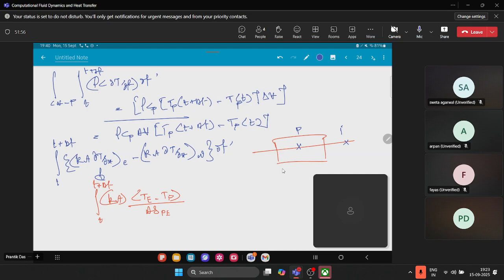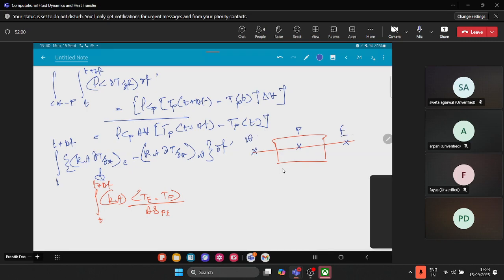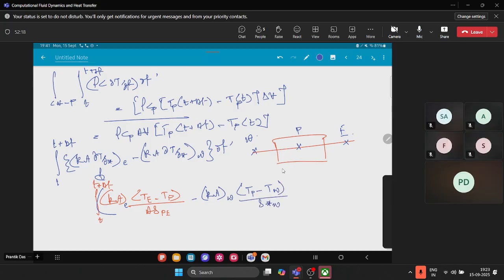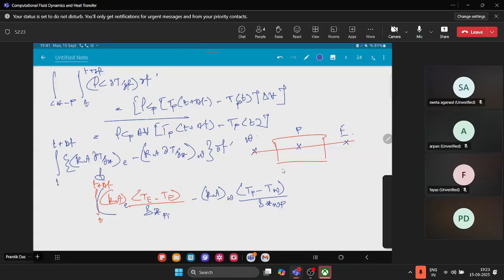Using the central difference formula, we are basically finding out the discretization of the gradient. So this will be equal to minus of, so this will be E, so it will be K A small w (TP minus Tw) divided by delta x wp, and then this multiplied by dt.